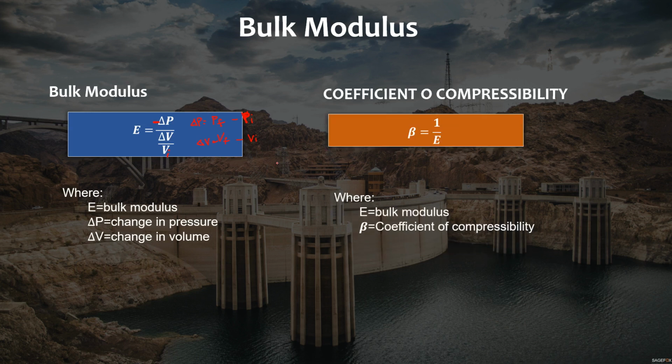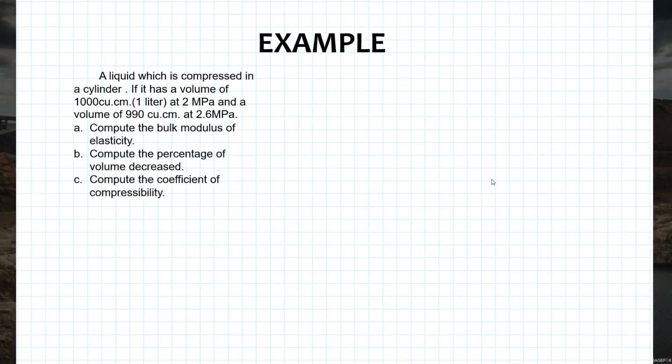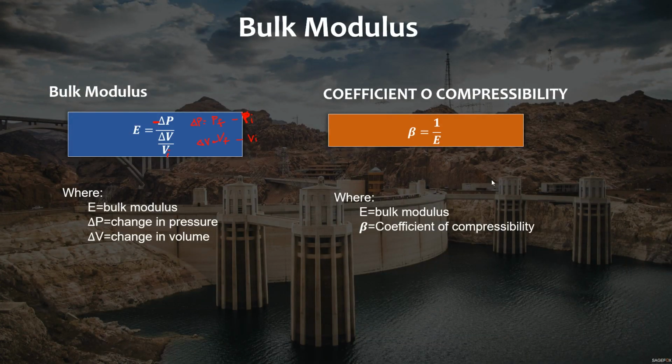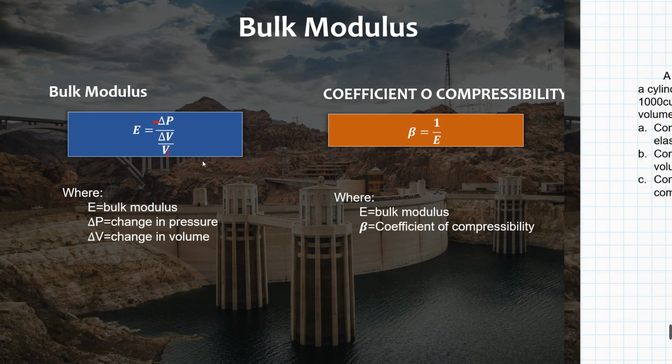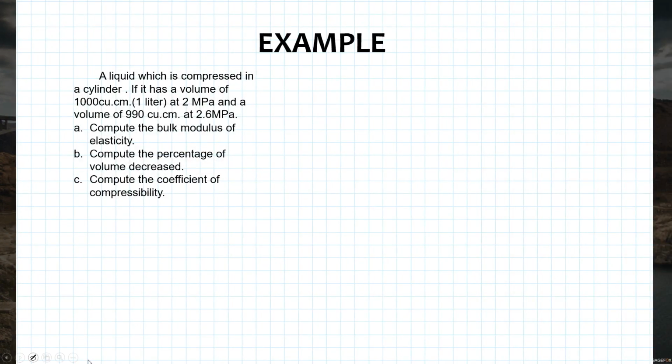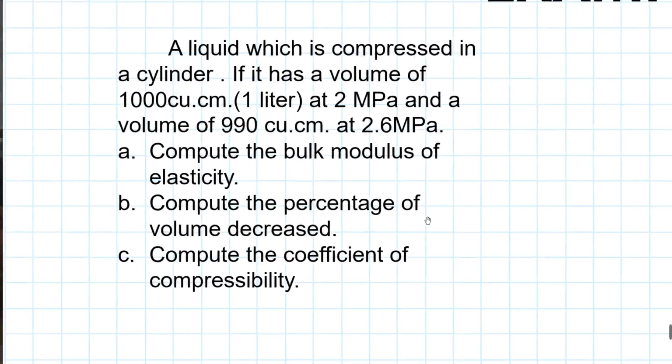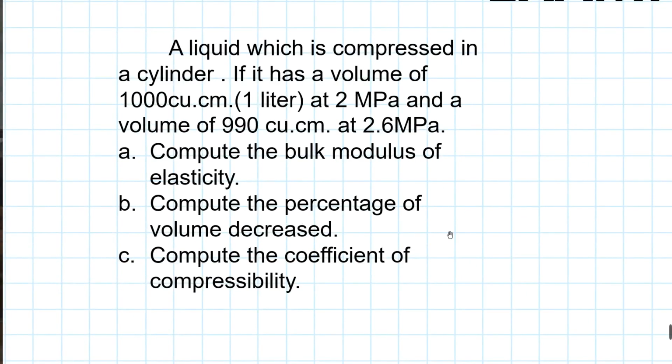And to determine the coefficient of compressibility, beta is equal to 1 over E. So just take 1 over E, the bulk modulus of elasticity. That's your equivalent coefficient of compressibility. So memorize these formulas and apply them on this problem. A liquid is compressed in a cylinder.